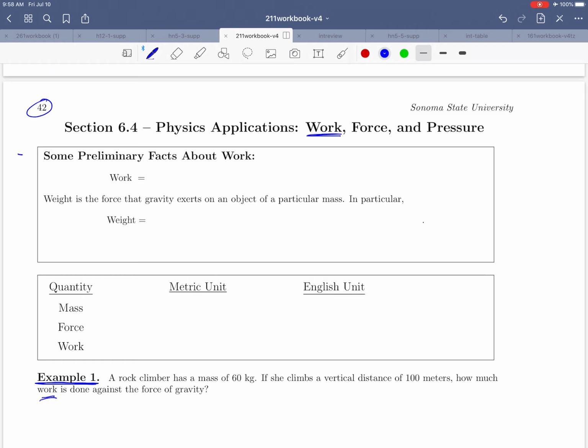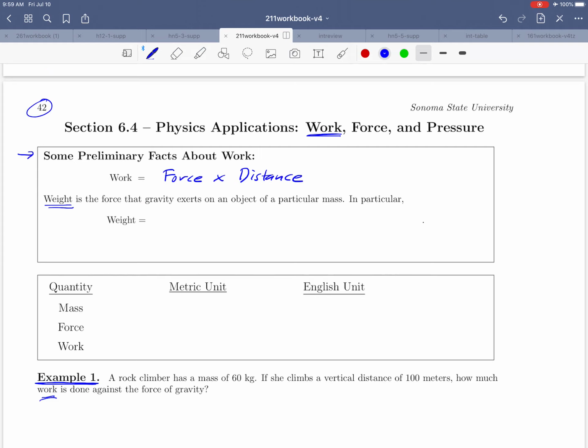Okay, so we come up to the top of the page, preliminary facts about work. That's going to be our very first formula. Work in its most basic form is just force times distance. Okay, and in this section, we're going to restrict our discussion to just one type of force, and that is the weight. We'll be talking about the work that we do in moving objects of a particular weight.